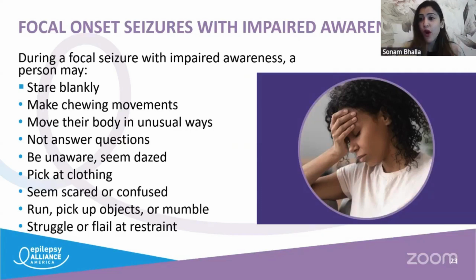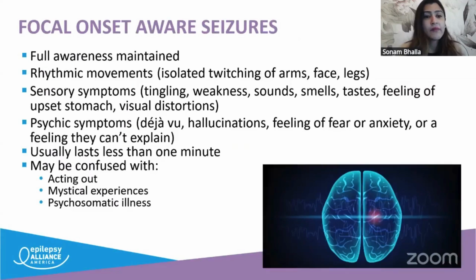Sometimes they walk away and don't respond when you call them. And with the impaired awareness ones, usually you may have an aura, a feeling of something in your stomach, nausea, tingling, numbness. You may have a feeling of doom or an out of body experience as well, or you may see colors, you may see rainbows. So it can be very variable as to what your symptom can be.